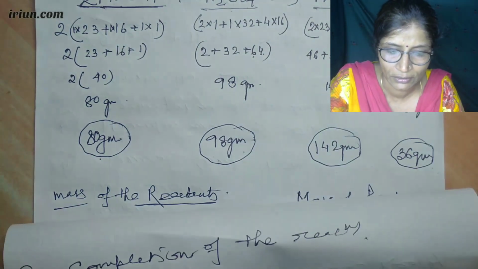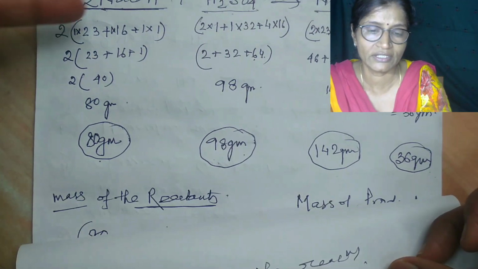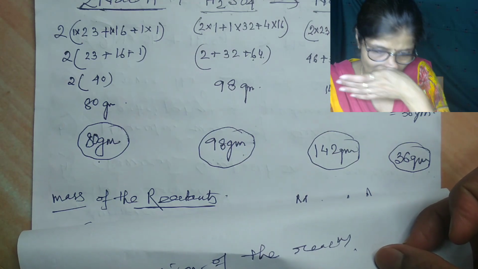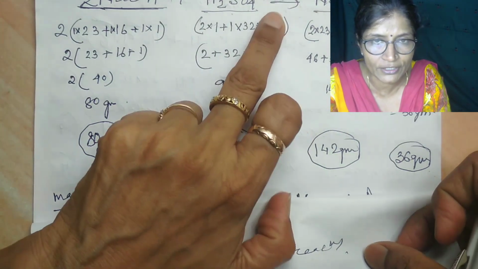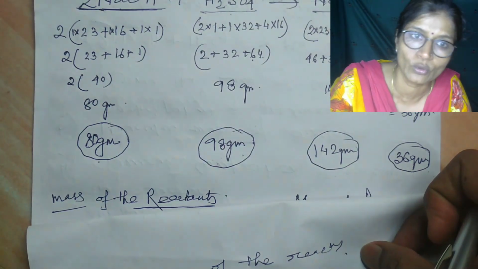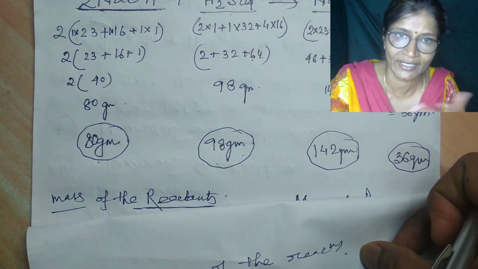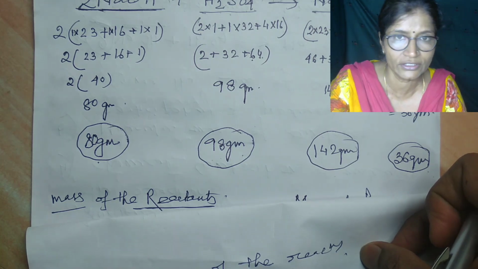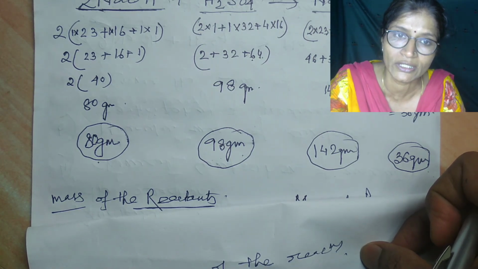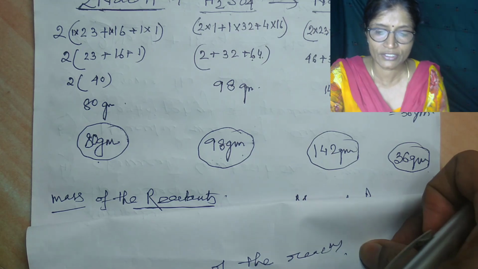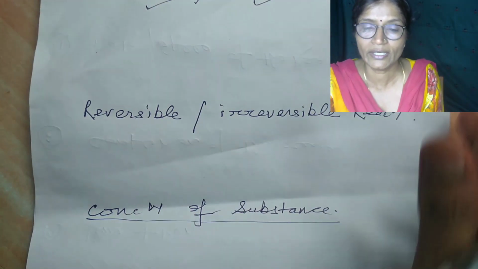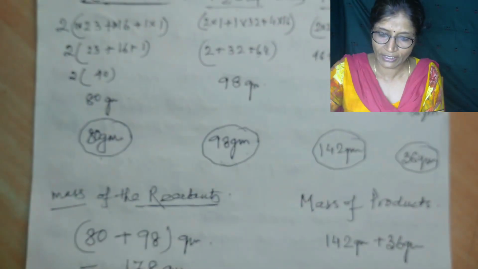Whether this reaction takes place at normal temperature or at near about 200-300 degrees Celsius, or at room temperature, or whether any catalyst is required or not, that is not mentioned. So that comes under the category of conditions.